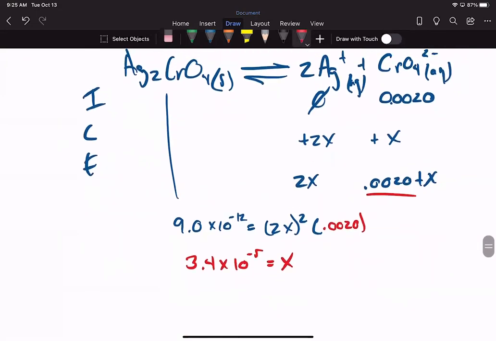So now we can figure out what concentration of silver we need in order to precipitate that out.